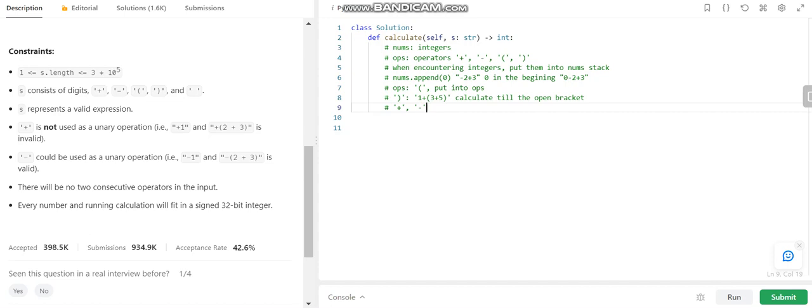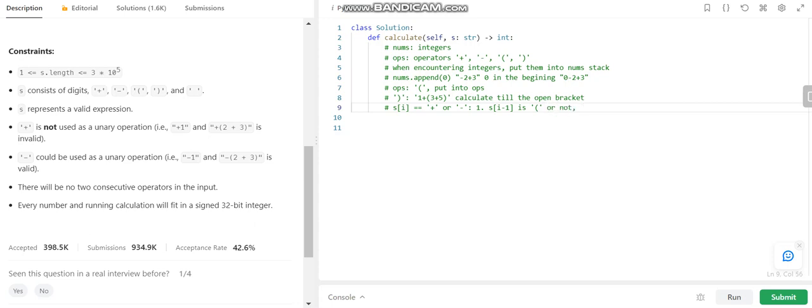When we encounter plus or minus sign, the first thing that we would like to consider is whether the element before it is an open bracket or not. So if Si is plus or minus sign, I will consider whether Si minus 1 is an open bracket or not.